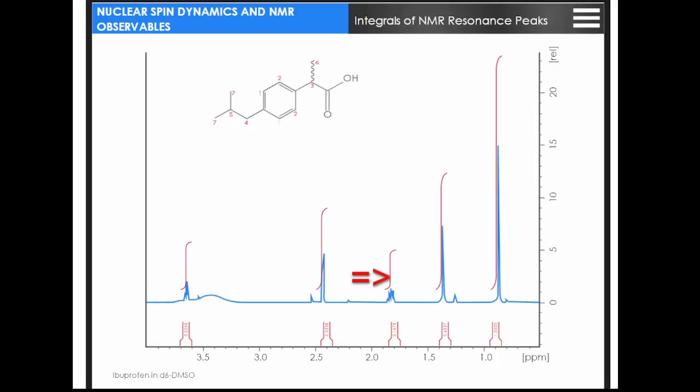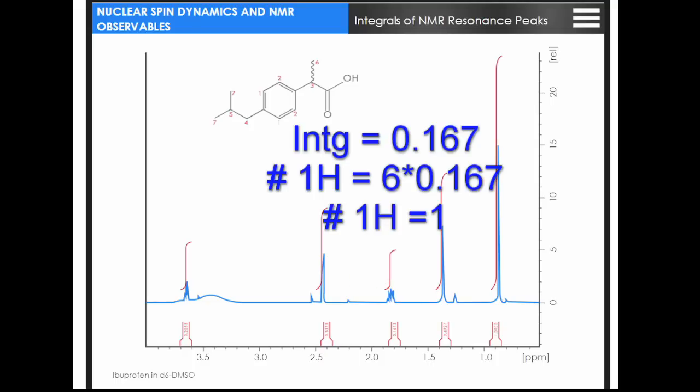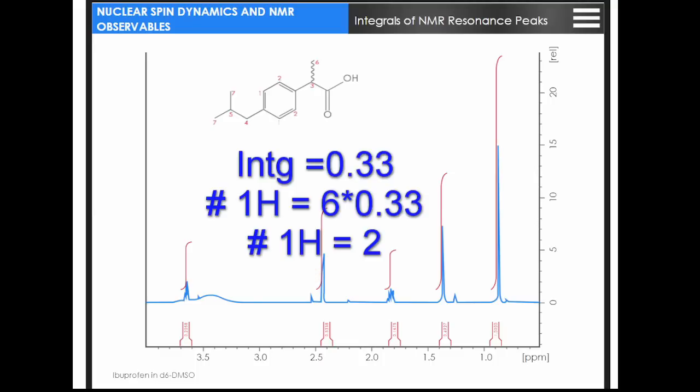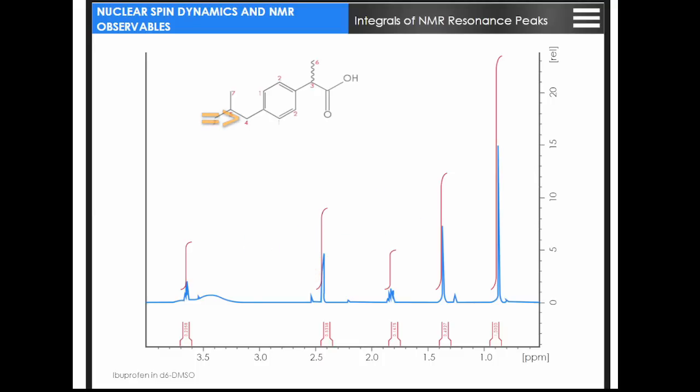The peak at 1.82 contains 6 times 0.167 equals 1 proton and can be assigned either to the propionate group or to the isopropyl group. The peak at 2.4 ppm contains 6 times 0.333 equals 2 protons and is assigned to the methylene group.